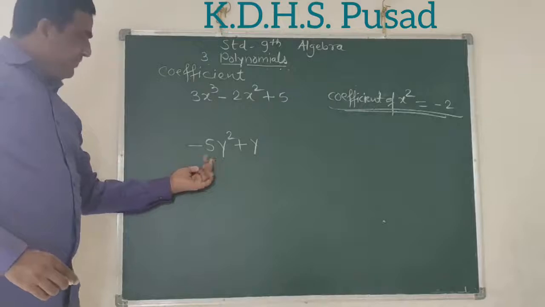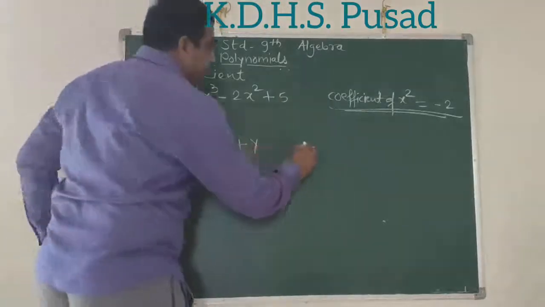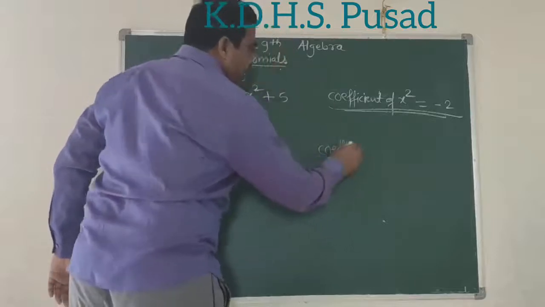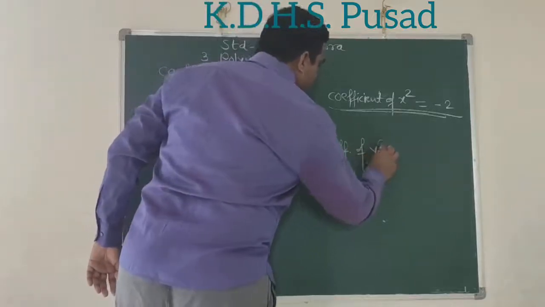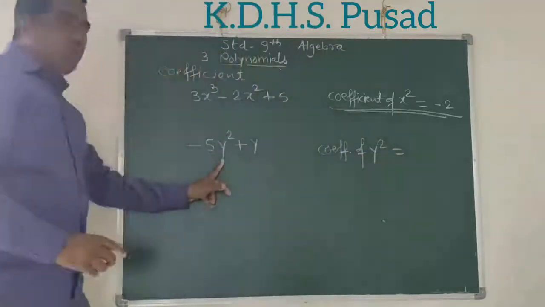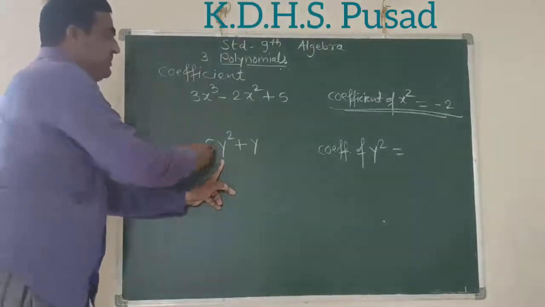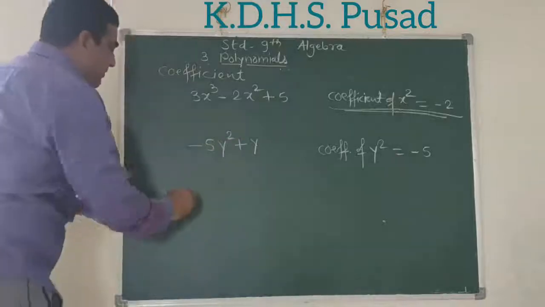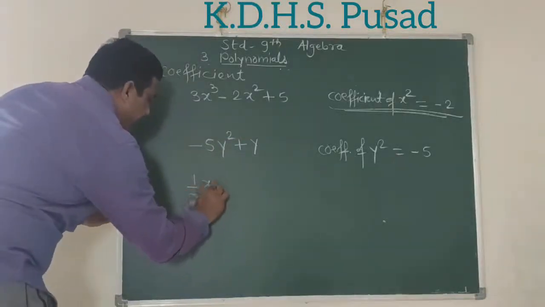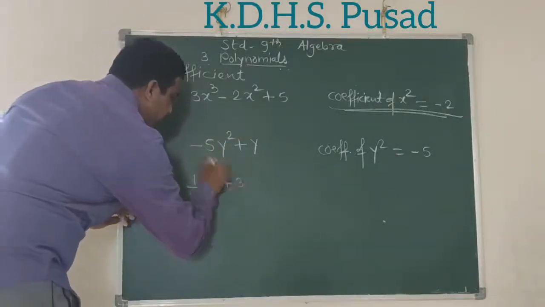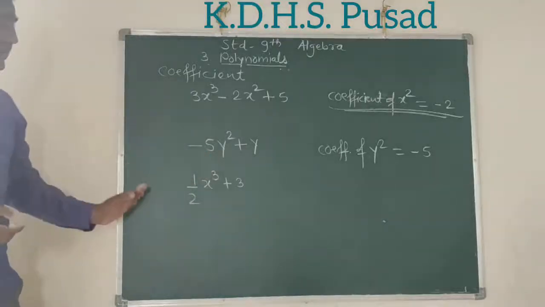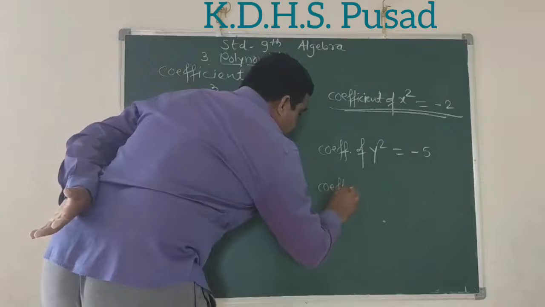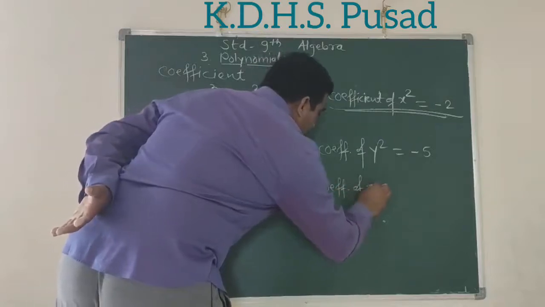In this example, I want the coefficient of y square. Check this y square. Whatever integer is behind it, that is the coefficient. Now I have one more example: half x cubed plus 3. Here I want the coefficient of x cubed.